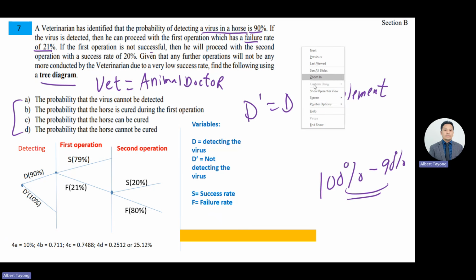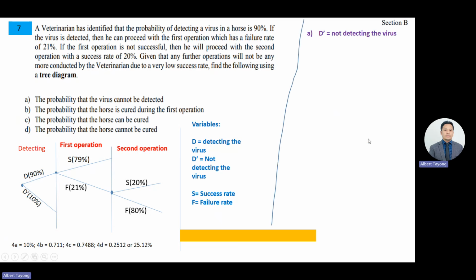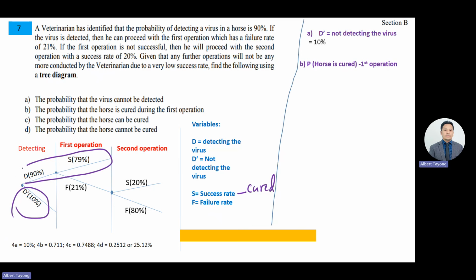So let's answer A. A is not detecting the virus. This is, of course, 10%, this one. The second one, P horse is cured. Cured means success in the first operation, so this one.